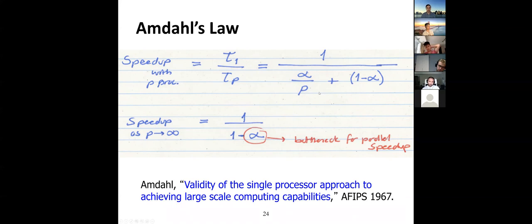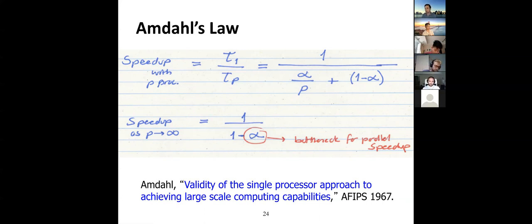It seems like a simple transformation, but it allows us to make a very simple conclusion. If I increase the hardware available to infinity, even then I cannot go faster than 1 divided by (1 minus alpha). So this alpha becomes a slowdown or bottleneck for parallel speedup.